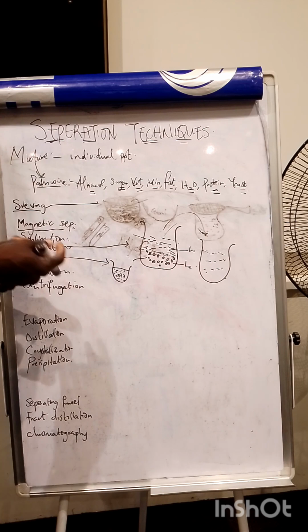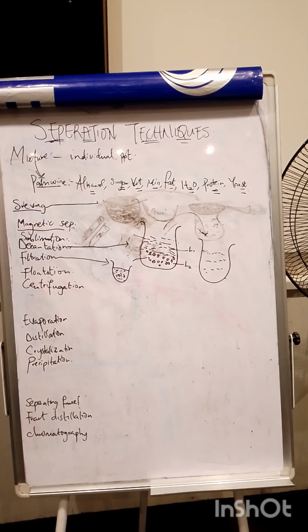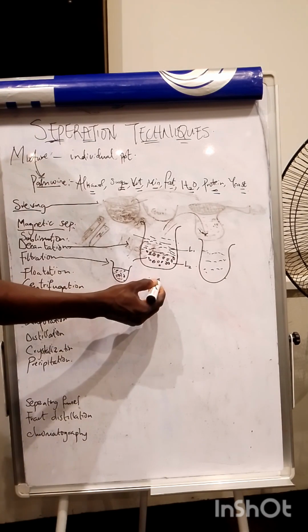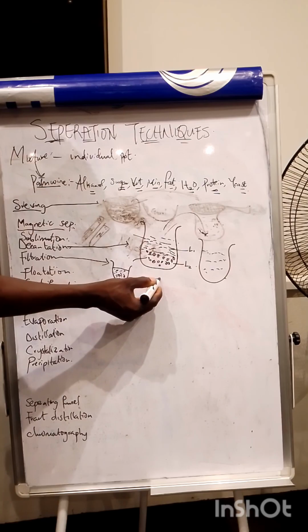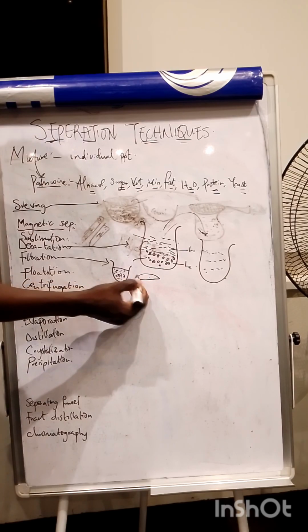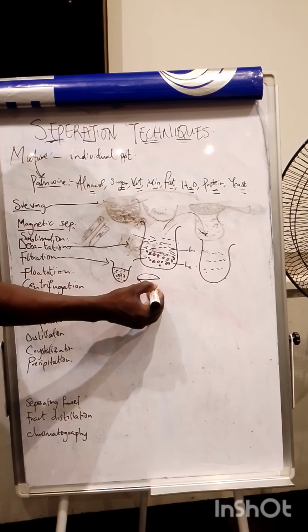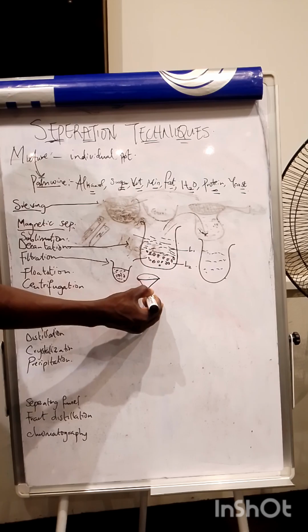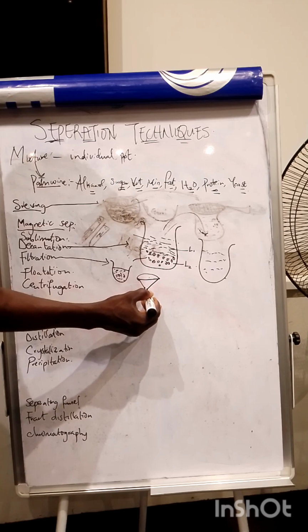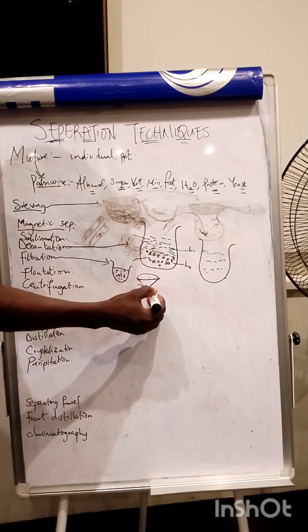So you simply filter. Since the solid is not dissolving, you go and get your porous material, which is your filter paper. Let's put it in a beaker.